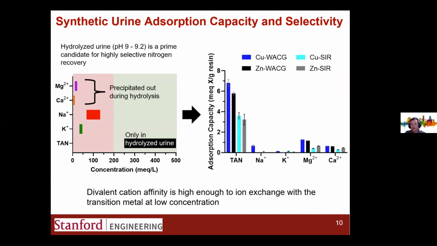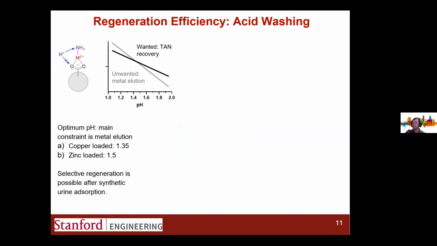And unsurprisingly, we found that divalent cations had non-negligible adsorption despite their relatively low concentration, but adsorption was more selective for TAN over monovalent cations compared to equimolar potassium. But encouragingly, since divalent cations precipitate out largely during hydrolysis, this is good news for hydrolyzed urine, and I have more data on this in a second.